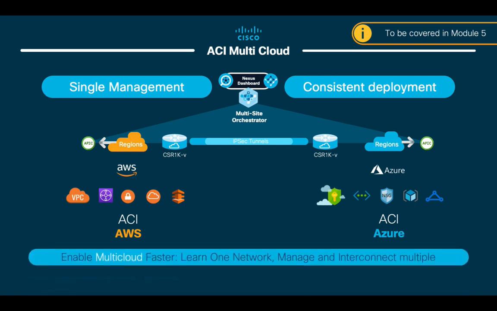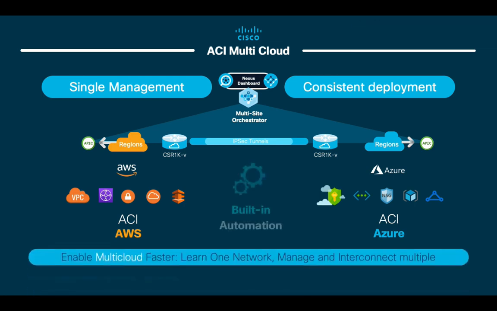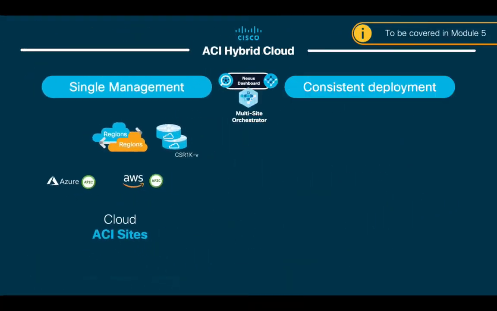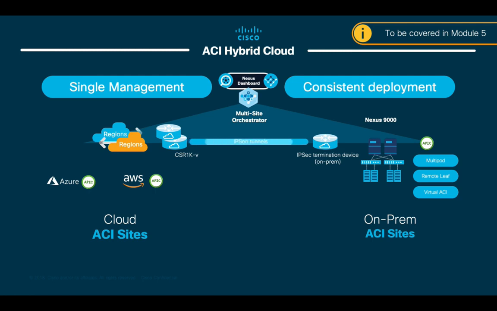Although Cloud ACI and Multi-Site Orchestrator provide great amount of built-in automation, it is important to mention that they both integrate with infrastructure as code options through our partnerships with Terraform and Ansible, to name a few. This same model can also help extend your on-premises ACI deployment to any of these clouds if you need to.